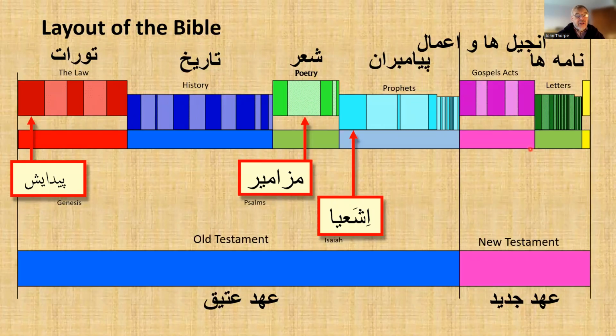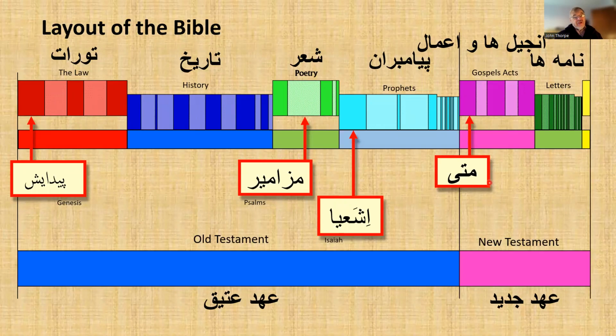Anyway, the first part of the New Testament is the four Gospels. So then Matthew, Mark, Luke and John, of course. So there we go. First one, Matthew.